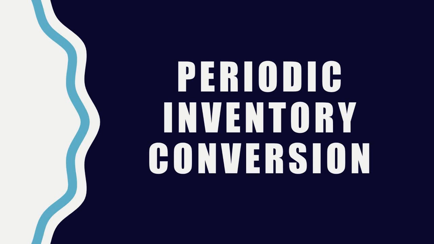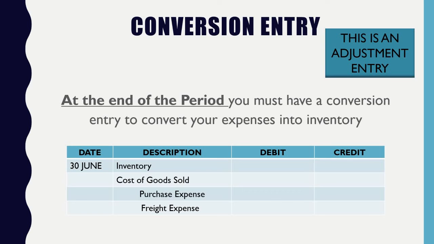So now that we reach the end of the accounting period, we now need to convert our inventory. If you remember, when we acquire our inventory through periodic inventory, we recognize them as purchase expenses.